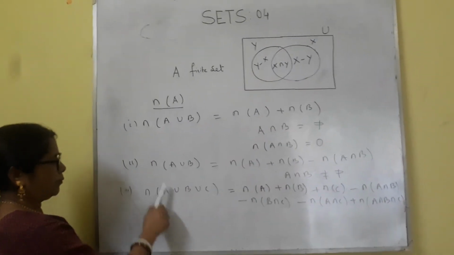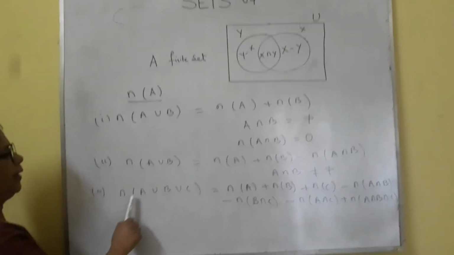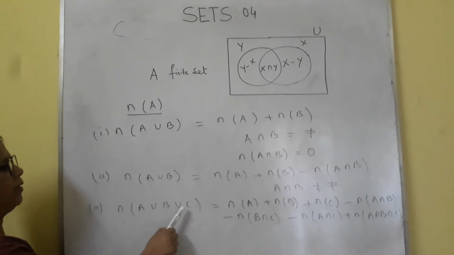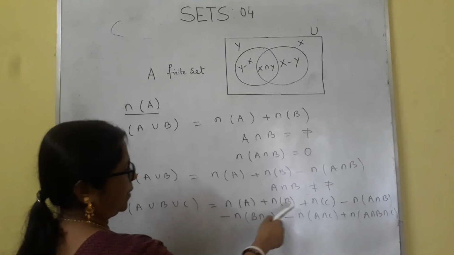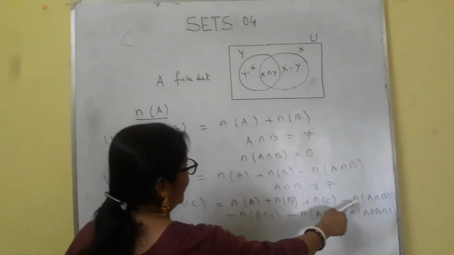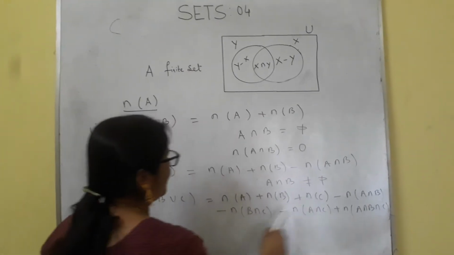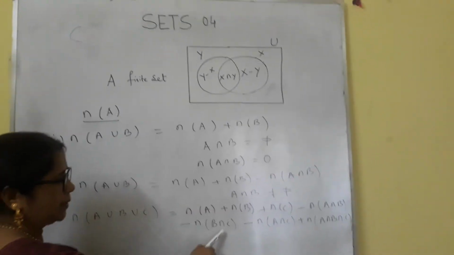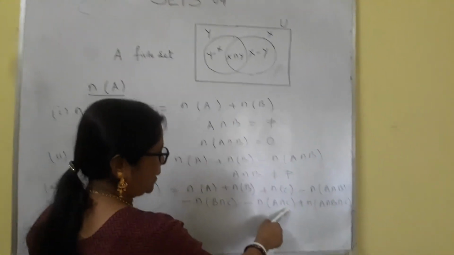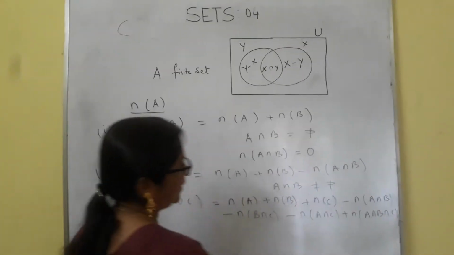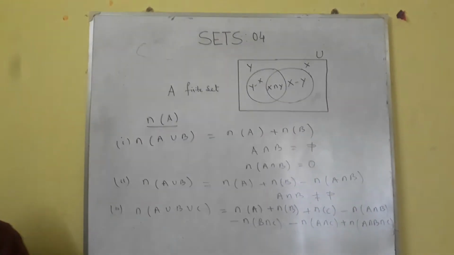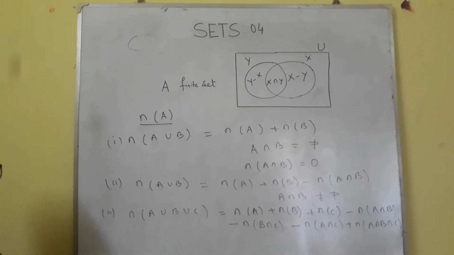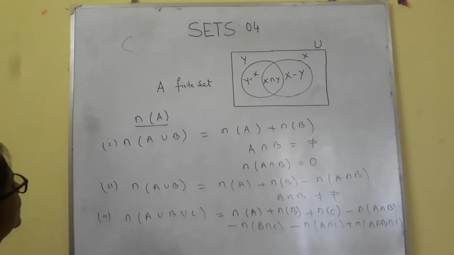So for a three set case, n(A union B union C) equals n(A) plus n(B) plus n(C) minus n(A intersection B) minus n(B intersection C) minus n(A intersection C) plus n(A intersection B intersection C). Now let's discuss an example.